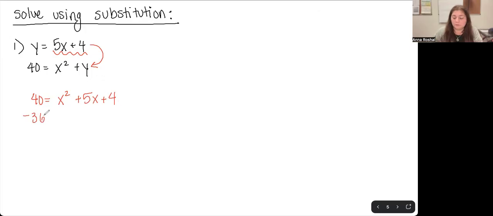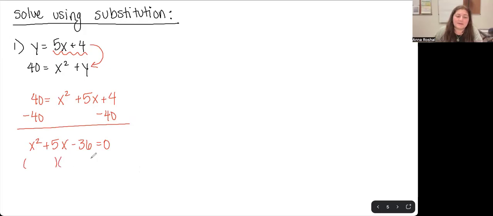I'm going to subtract, oh, not 36. I'm going to subtract 40 from both sides to get negative 36, and then I'm going to have everything on one side. So minus 36 equals 0.